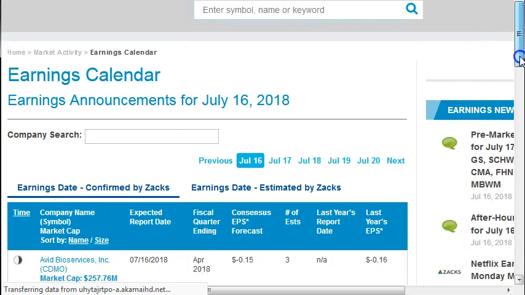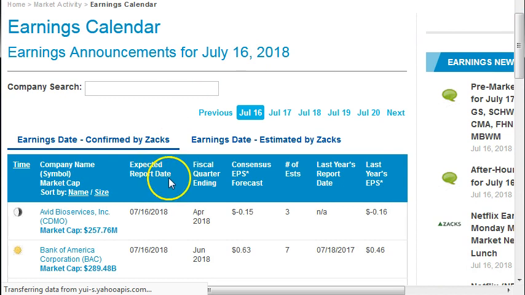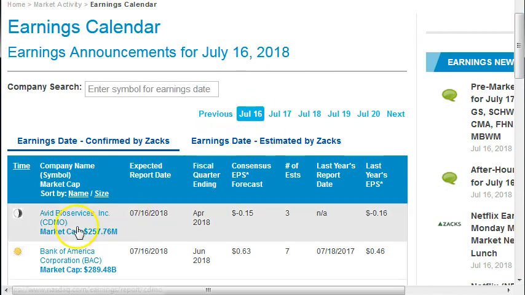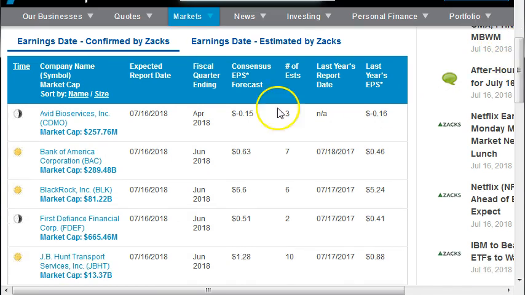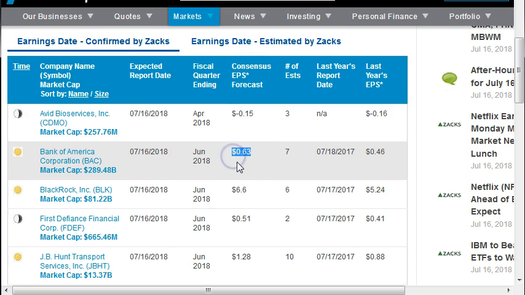Looks like these are the companies that are going to announce results this week. Today is July 16th, and today all these companies are expected to announce their earnings: Bank of America, BlackRock, etc. A lot of big companies are announcing their results. The consensus EPS forecast is 0.63.